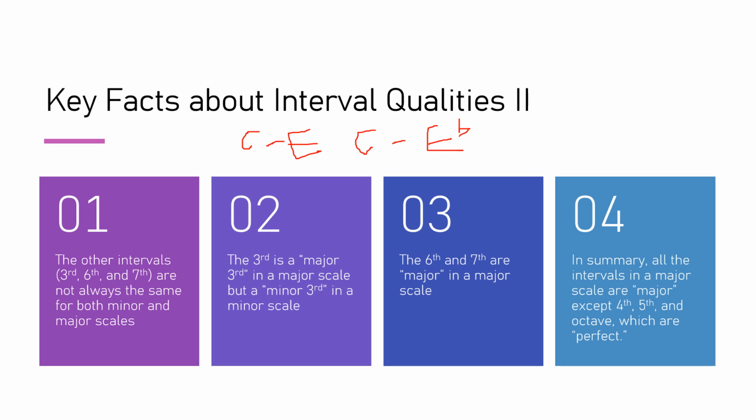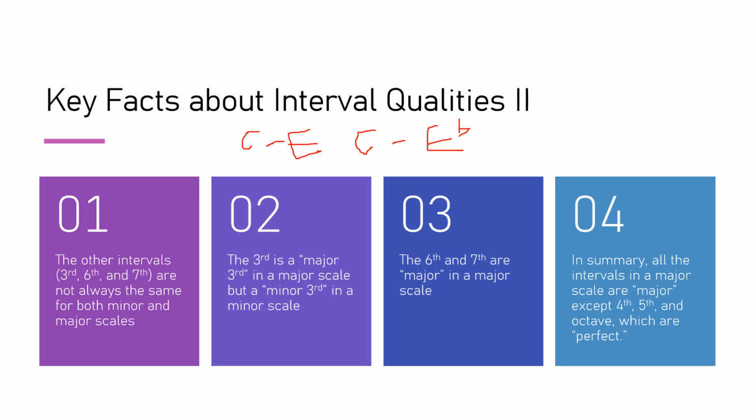Then let's go to the 6th and the 7th. In the major scale, any major scale, the 6th and the 7th degree are all major intervals. So they are major 6th, major 7th. Okay? So if I have to summarize everything now in the major scale, I would say in the major scale, all the intervals are major except the fourth, the fifth, and the octave, which are perfect intervals.